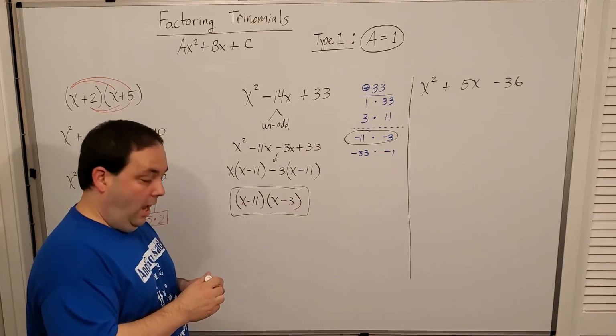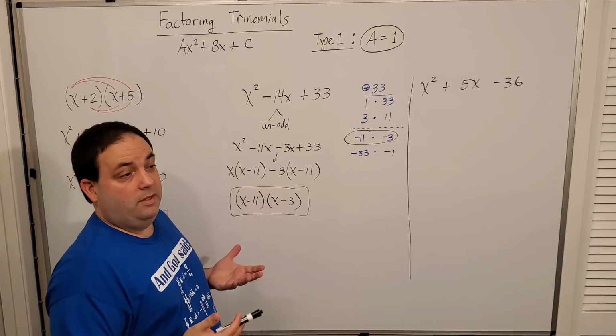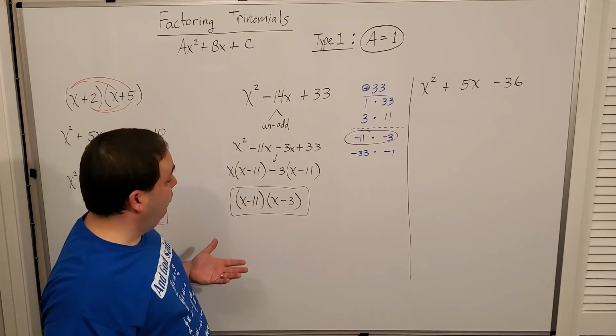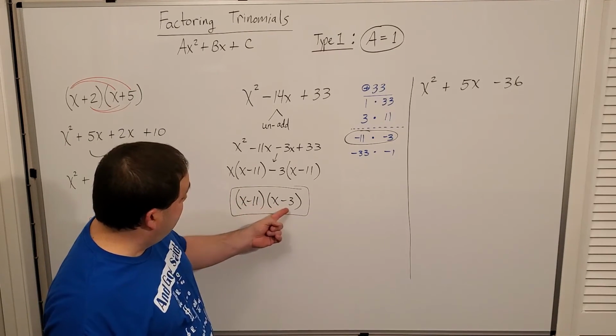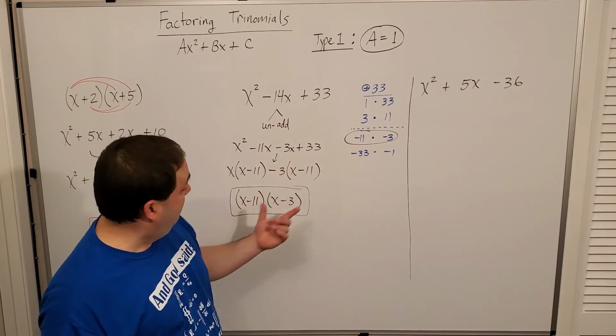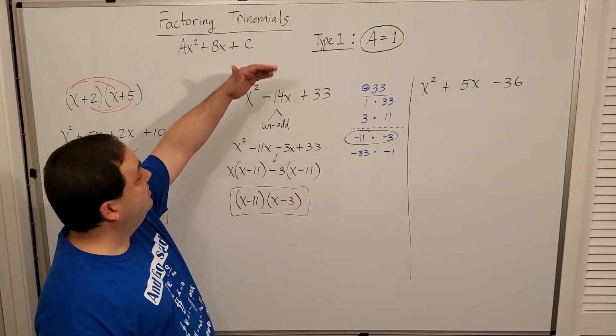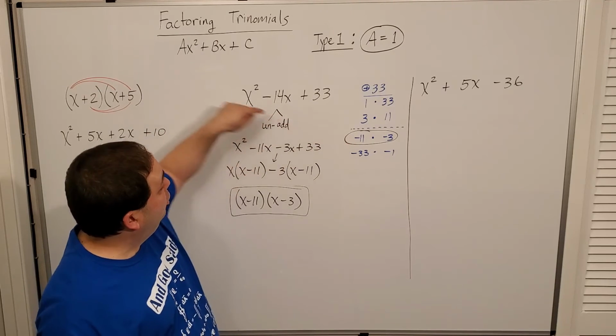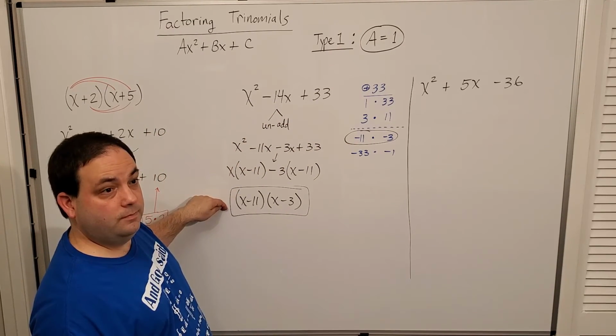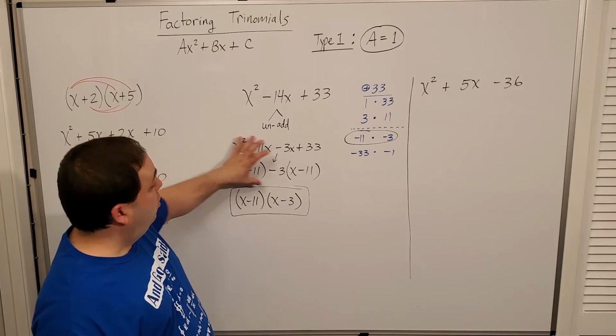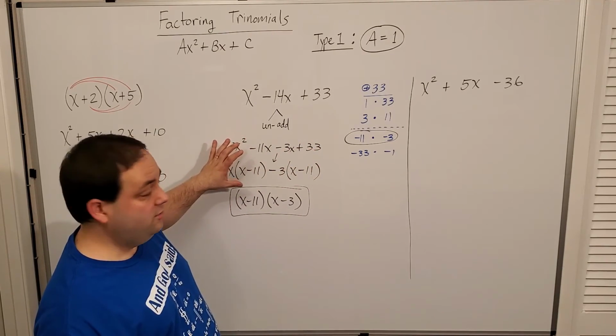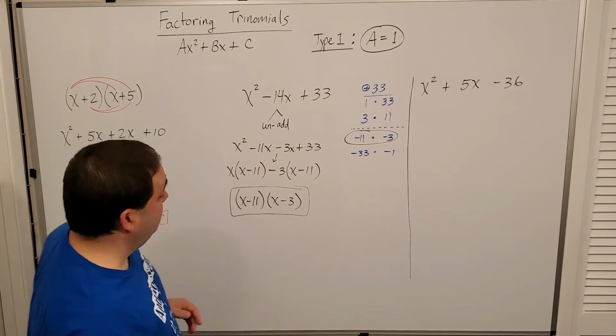Okay? But ironically, or maybe logically, holistically, whatever way you want to look at it, notice it's the same numbers, negative 11 and negative 3. Like I said before, on these type 1s, I can literally go straight to the answer. Okay? This is one of the processes that you can use if you like seeing all of the steps and things like that.